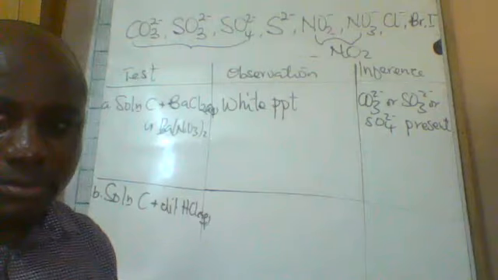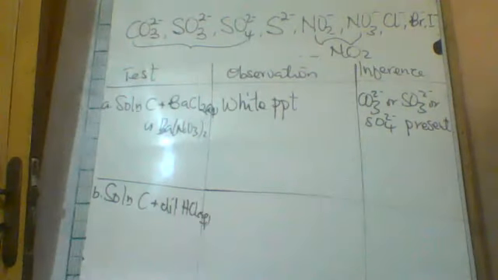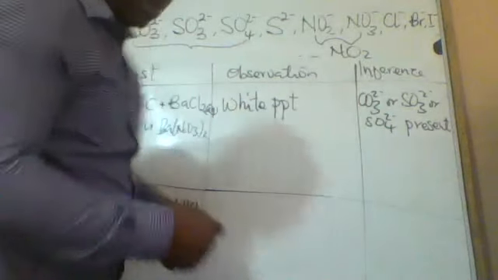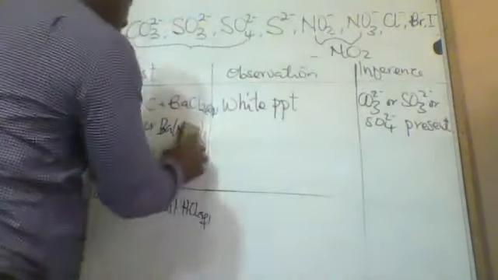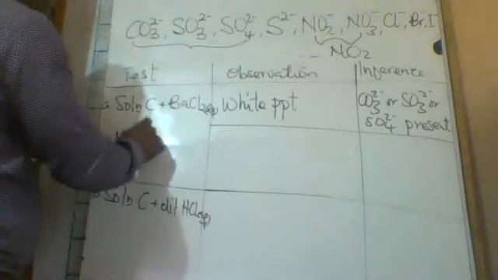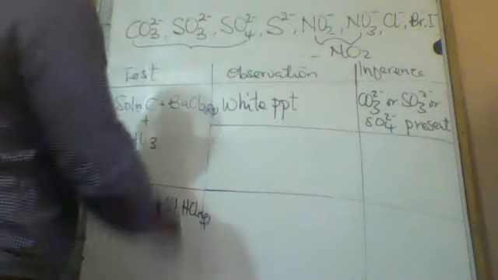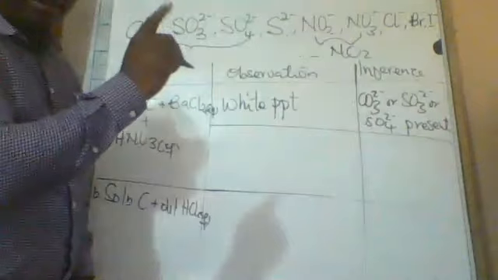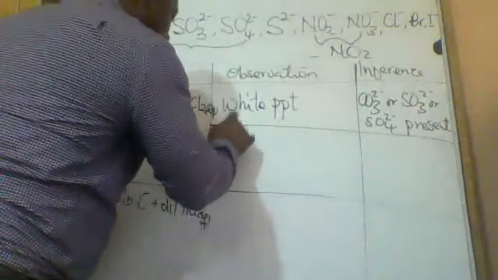Now, to differentiate between them, we add HNO3 aqueous. If carbonate is there, the PPT will dissolve.